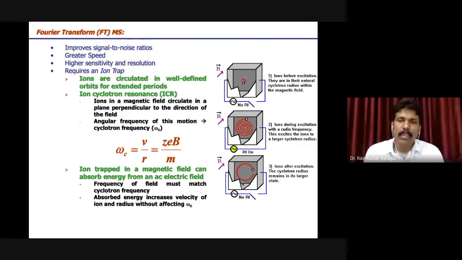By applying different voltages and entrance and exit potentials, we can take them out. These are basically trapped initially. The ions of the same kind enter into a trap, and then they circulate in a circular path.